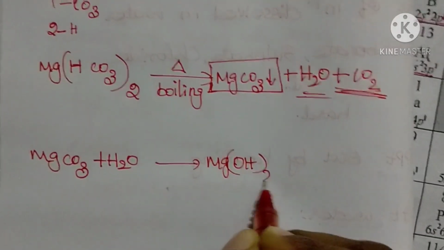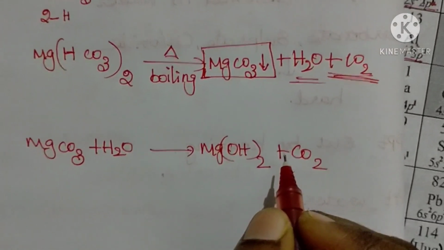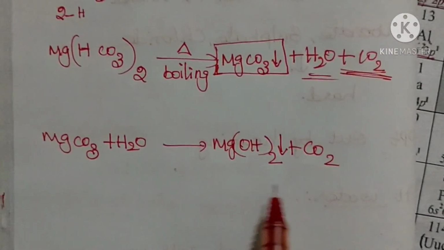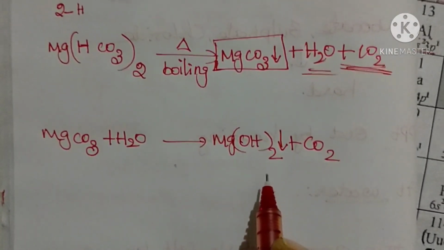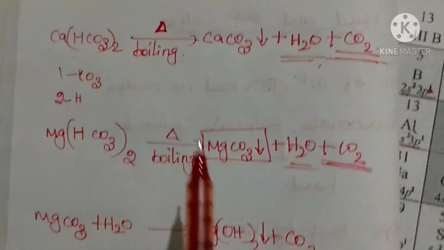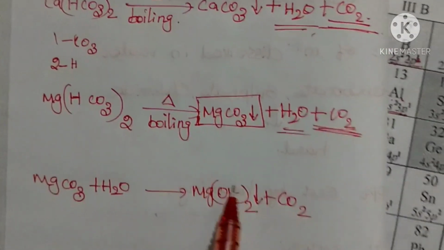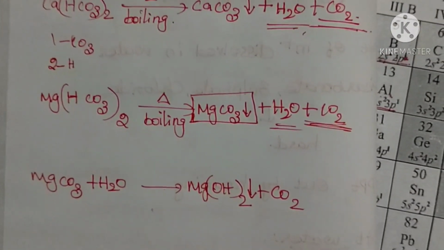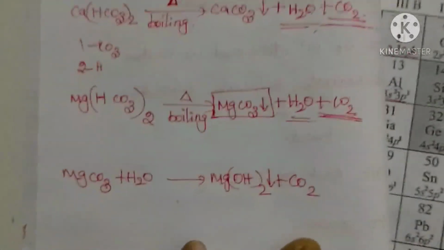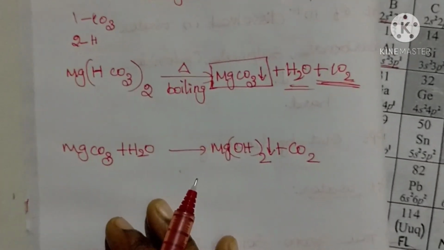Then the product of the reaction is magnesium hydroxide plus CO2. It is insoluble and it is also a precipitate. So the resulting precipitate is filtered out from the water. You can easily remove the hardness of the water.